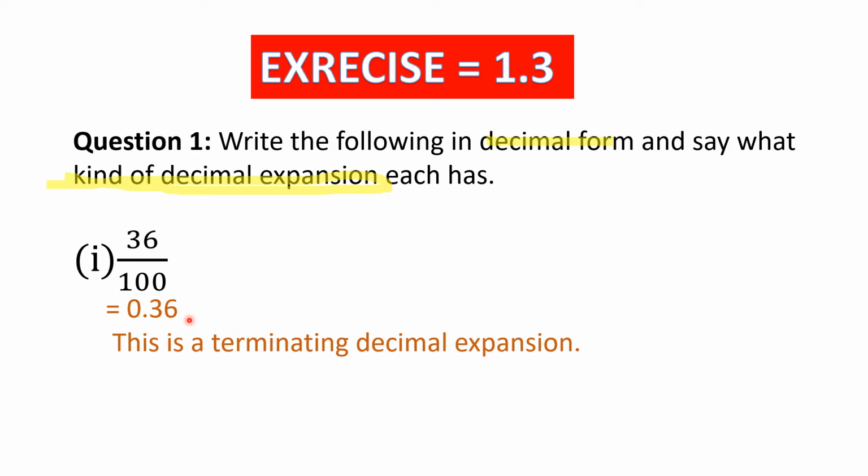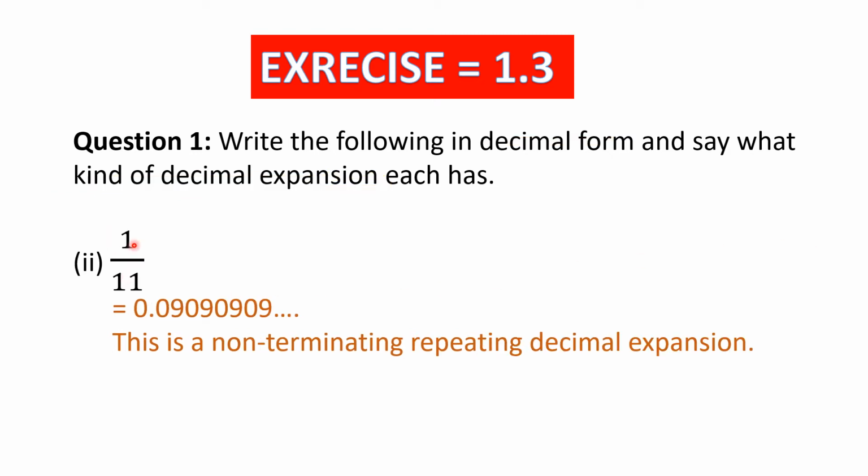Basic division, everyone should know. When I divide it, I get 0.36, and as I can see, none of the digits here repeats, right? So this is a terminating decimal expansion. No other digits repeat here. After 36, the number ends, right? So it terminates. So we call this terminating decimal expansion. Very easy. Let's go on to the next one.